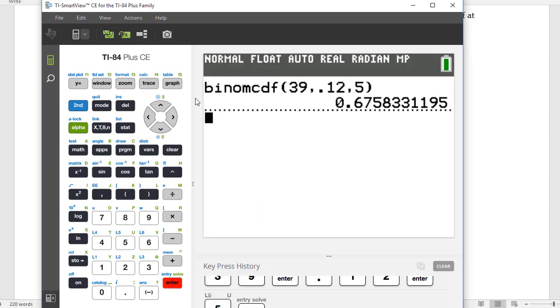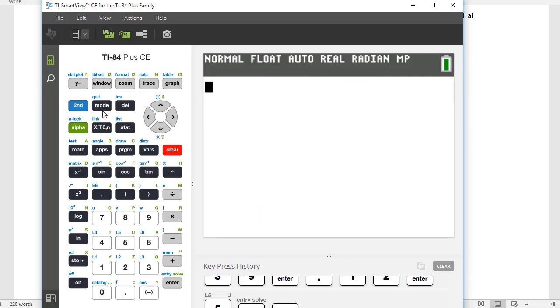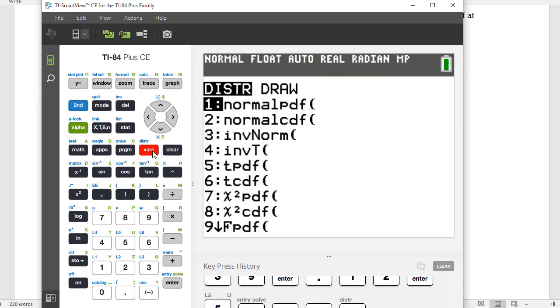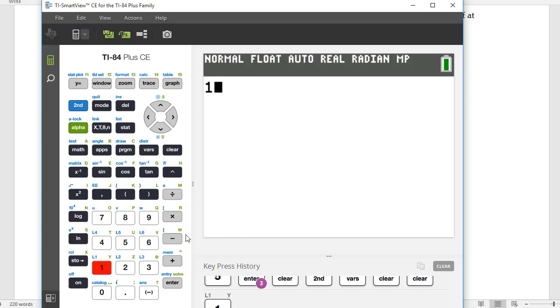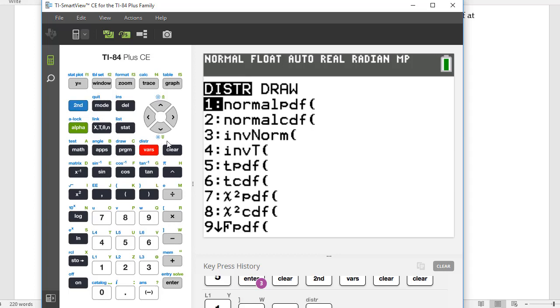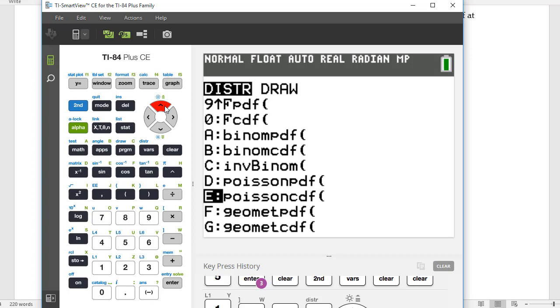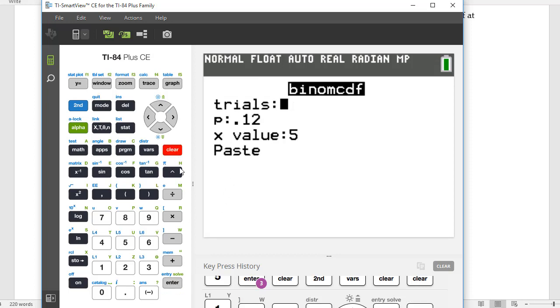So if I bring up my TI real quick, let me clear. I'm going to go second vars. Here's what I want to do: I'm going to do 1 minus the number that we're about to calculate. Now I'm going to do second vars, go to the distribution, and go up to binomial CDF. I'm going to type in all the information we had. The number of trials was 10 babies.